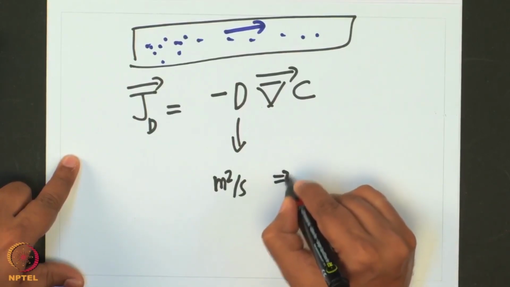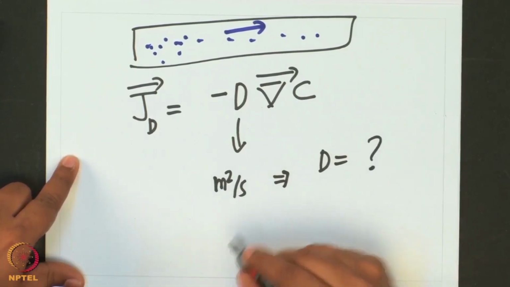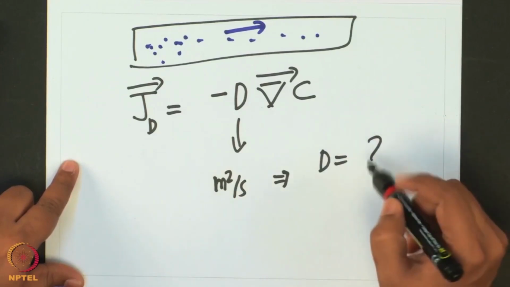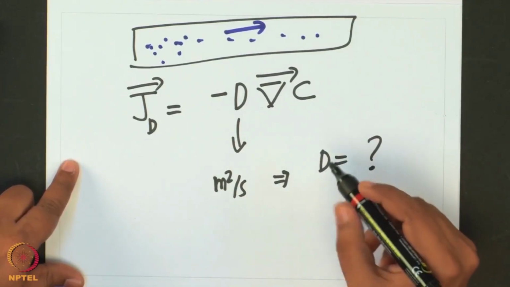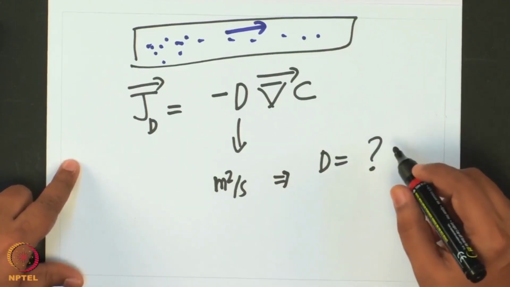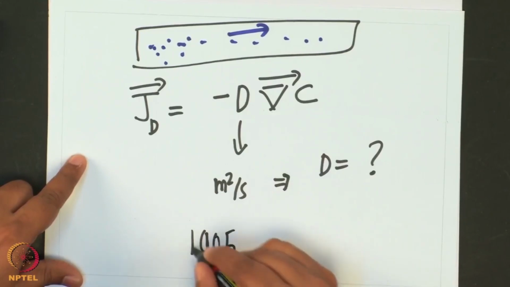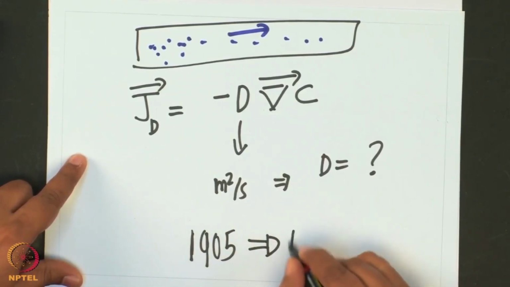But what all does D depend on? What are the things that the diffusion constant will depend on? This is a question that Einstein tried to answer in a very famous paper in 1905.